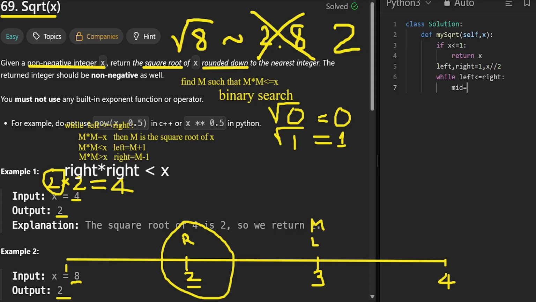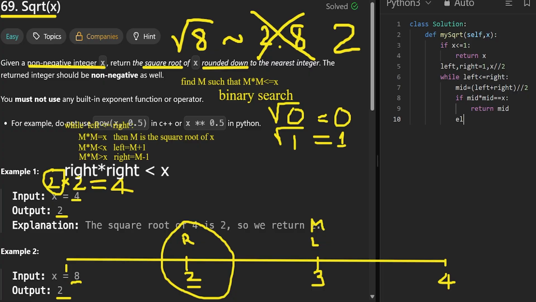Find the middle and compare middle times middle to x. If equal to x, then that middle is the perfect square root of x. If middle times middle is less than x, then that middle is not a good candidate. Must be on the right of the left boundary, and we move the left boundary to the current middle plus 1.